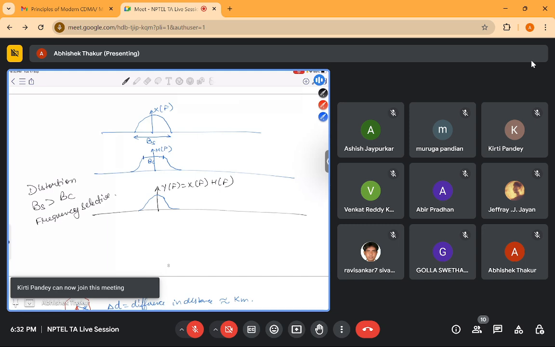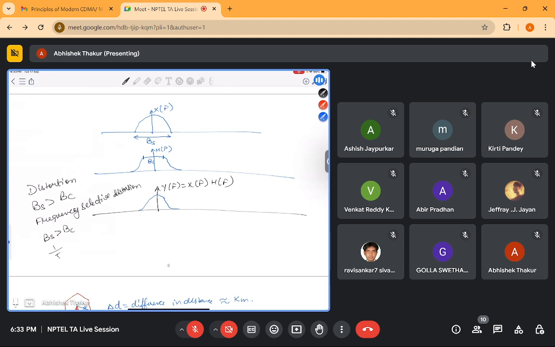So this is a frequency selective distortion. In this, Bs is greater than Bc. So Bs, the bandwidth in frequency, we can write as the reciprocal of time, that is 1 by symbol time is greater than 1 by delay spread.